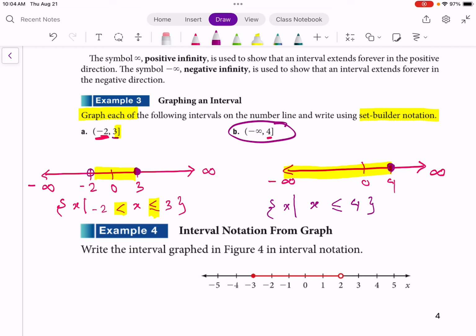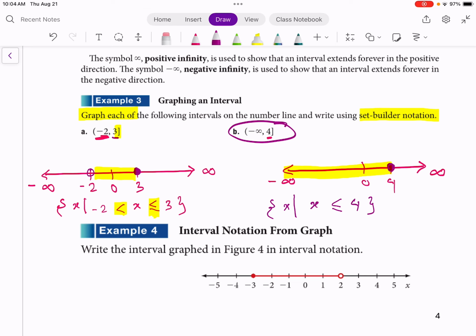Any questions? Yes. So just to confirm, you don't apply an open circle for infinity? Right, infinity is not a number. It is just a representation for a very big or very small number. We don't know what number that is, so we do not use an open circle with infinity, whether positive or negative.